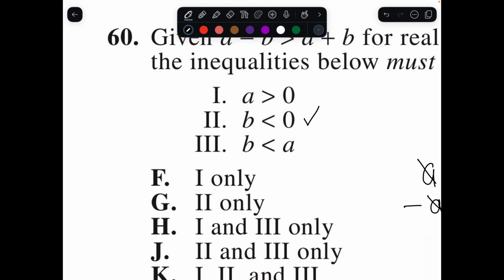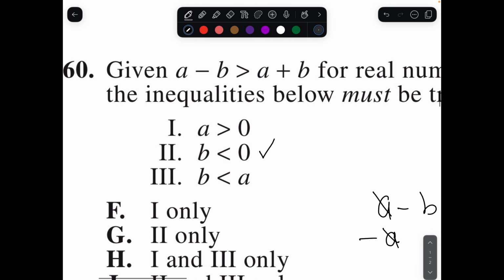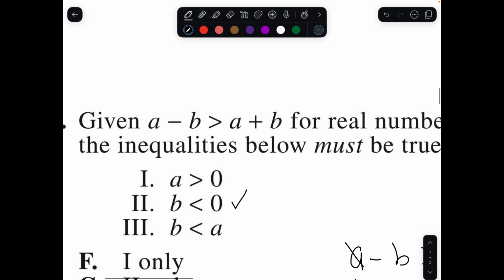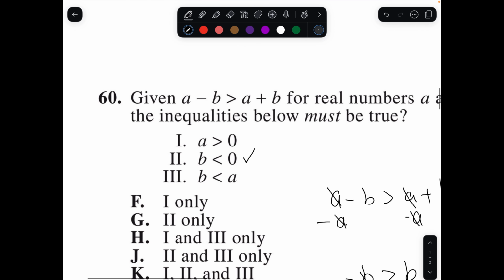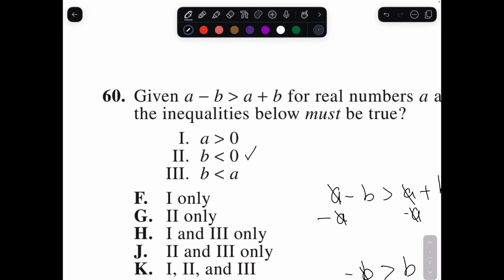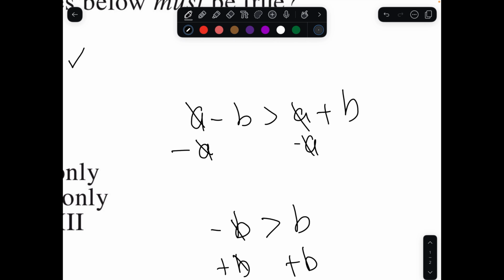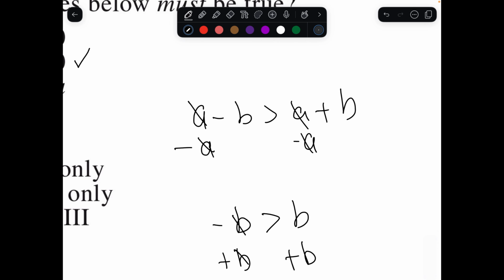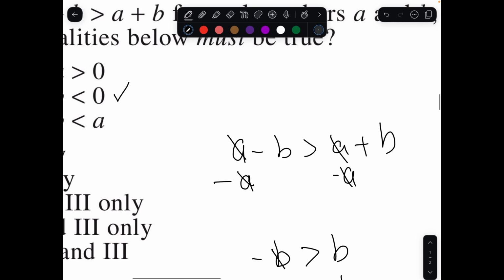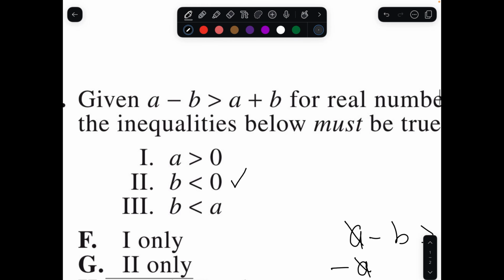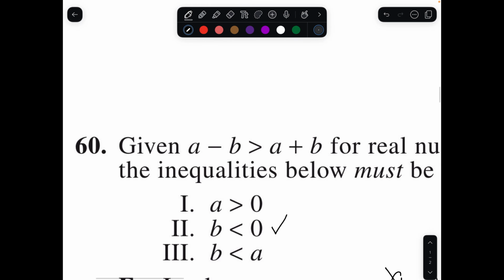Now let's look at the first and third statement. Let's look at the first statement first. It says a has to be greater than 0. Well, here we got rid of the a's. We canceled out the a's. So I don't think this is true. But again, you can always just plug in numbers and see what you get.